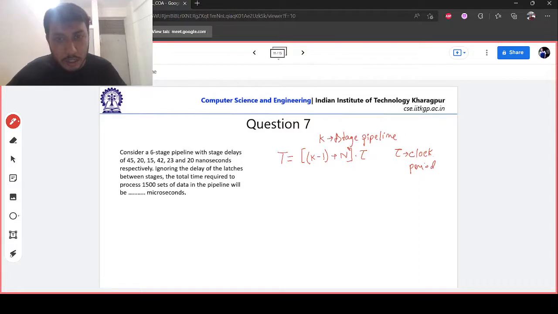So what is tau in this case? Tau is the minimum clock period, the delay of the slowest stage.